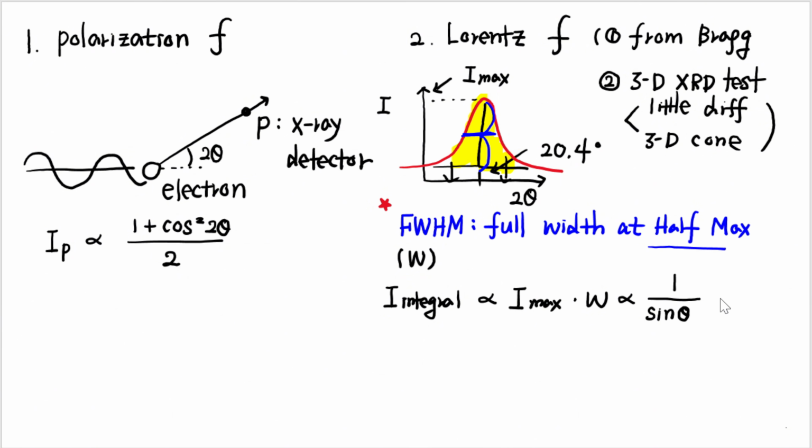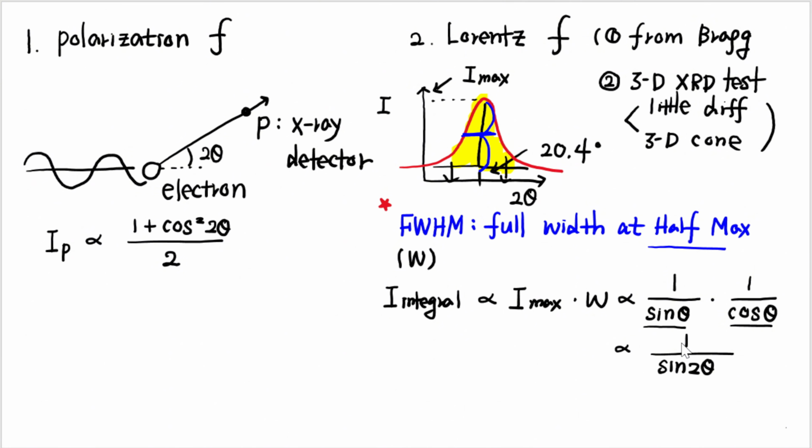So 1 over sine theta, and the width is 1 over cosine theta. We know sine theta and cosine theta, so the final result should be 1 over sine 2 theta, right?